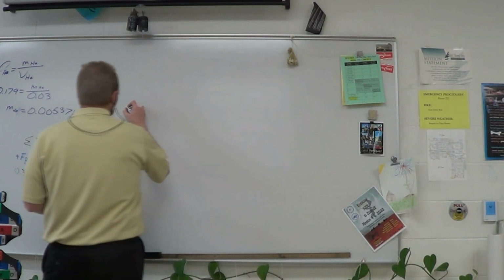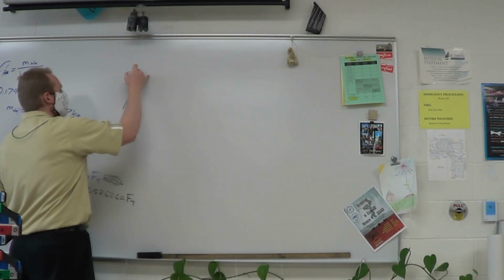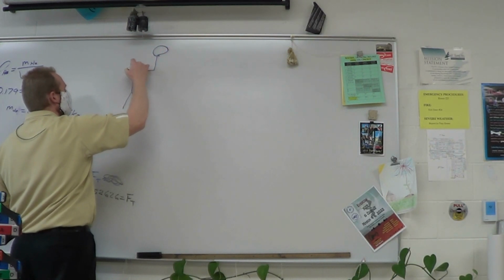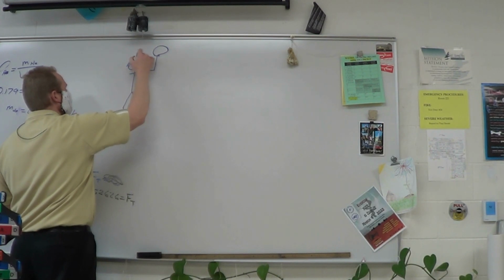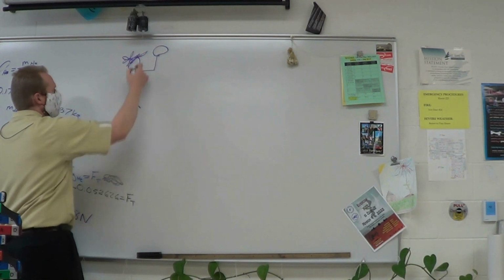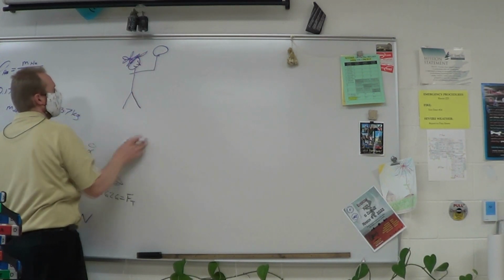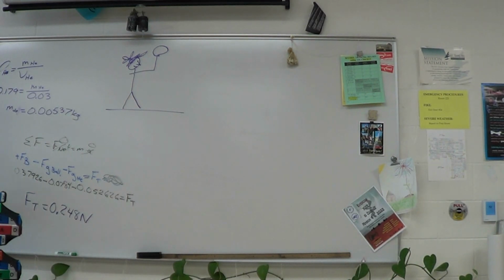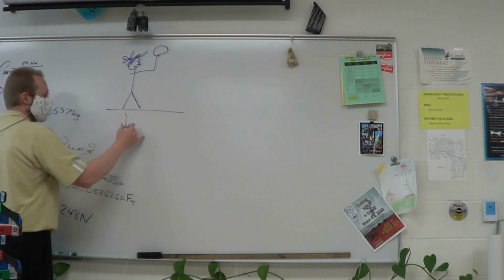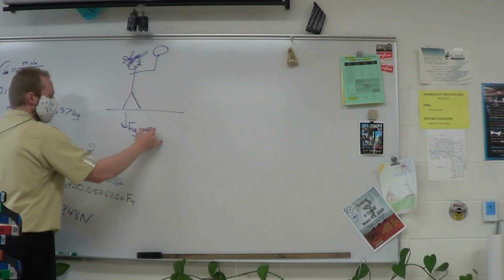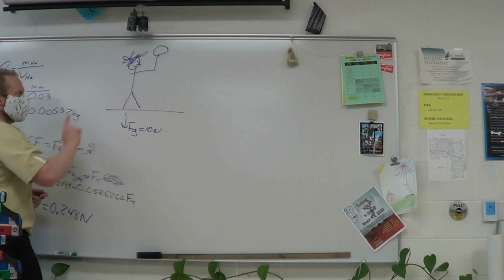So when we talk about Russell, there's my balloon, there's Russell. I think he had a propeller in his hat, right? Okay, so if Russell's standing on the ground, and if, for a second, we say Russell's at an FG of 10 newtons, I'm going to erase this number in just a second, because it's not 10.